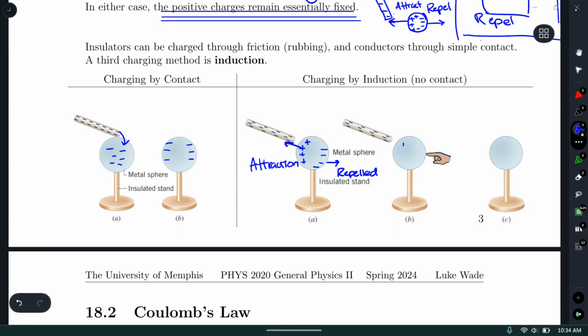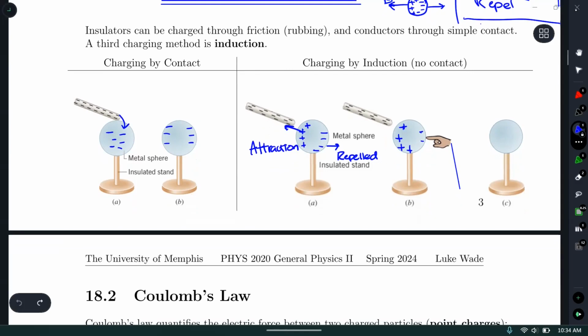So where we were left with that induced charge was that we've got positive over here, negative on this side. When I tap it, some of that negative charge is sapped off onto me, and some spreads over the surface of my body, some even may make it to the ground.